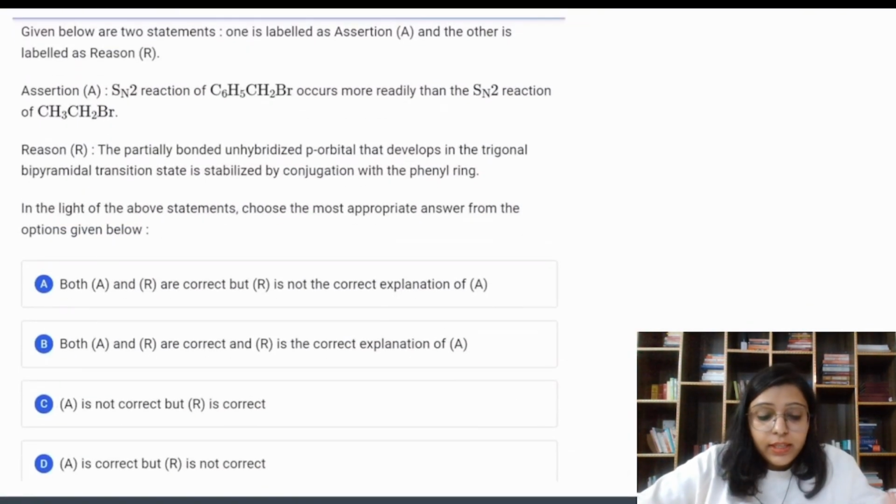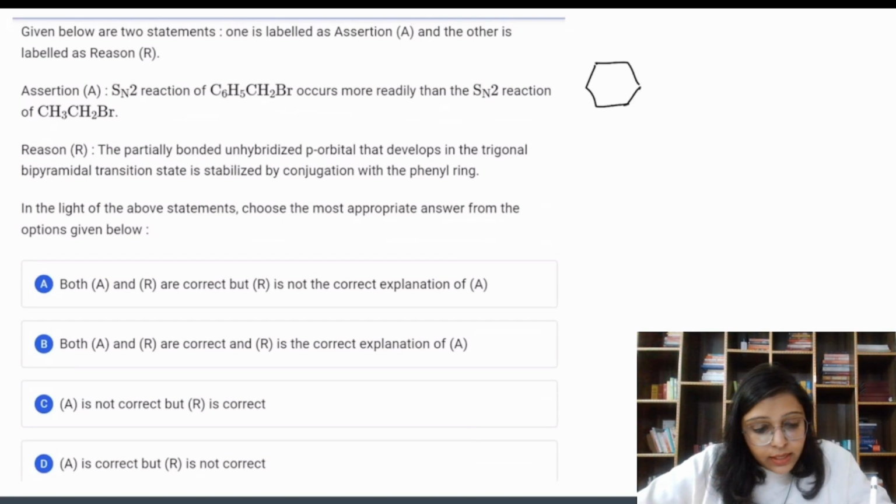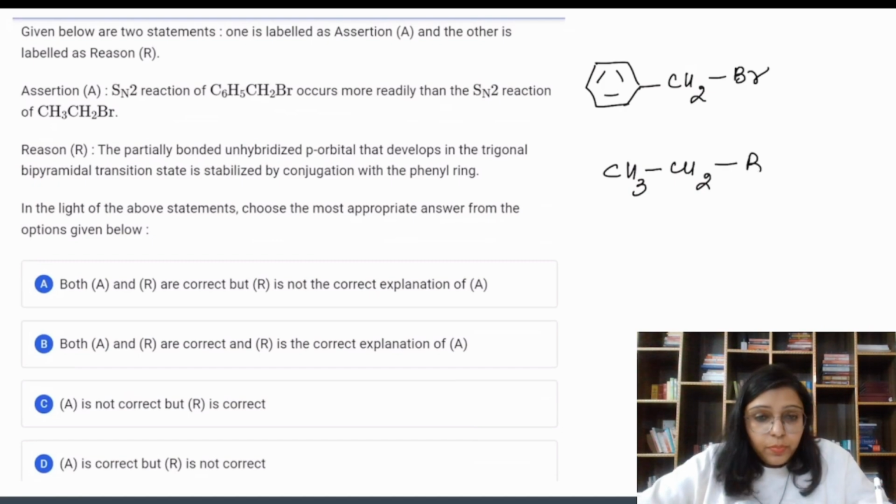The next question says the assertion is: SN2 reaction of C6H5CH2Br occurs more easily than the SN2 reaction of CH3CH2Br. It says that if we have C6H5CH2Br, it occurs more easily than CH3CH2Br.